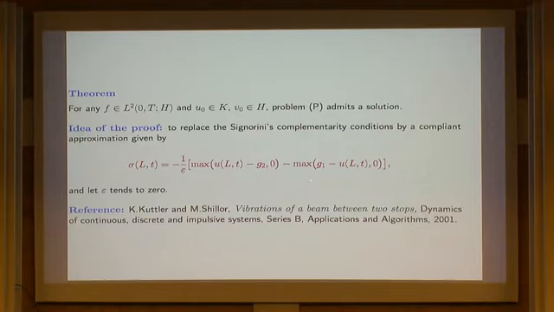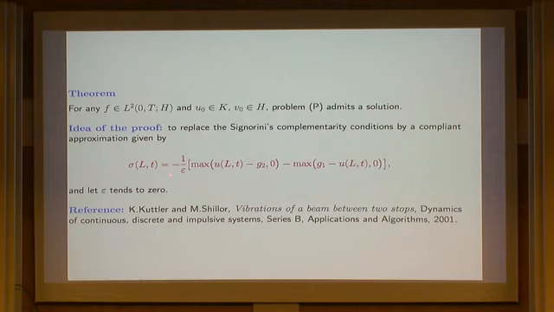So we can observe that the stress tensor is now proportional to the penetration of the beam into the obstacle at x equal to L. And we have a coefficient of proportionality which is given by 1 over epsilon, where epsilon is a penalty parameter which is assumed to be small.